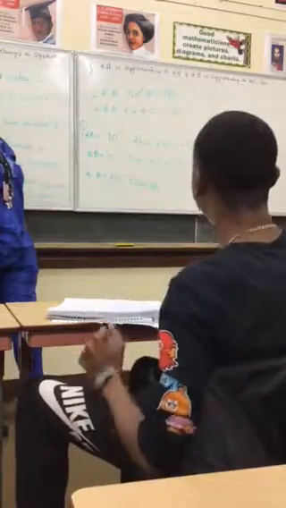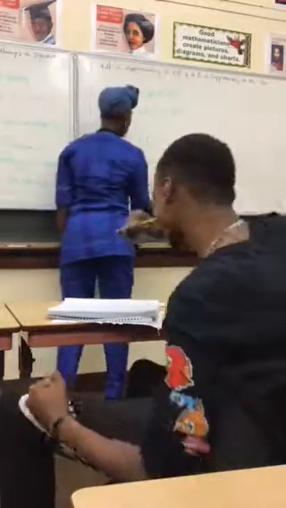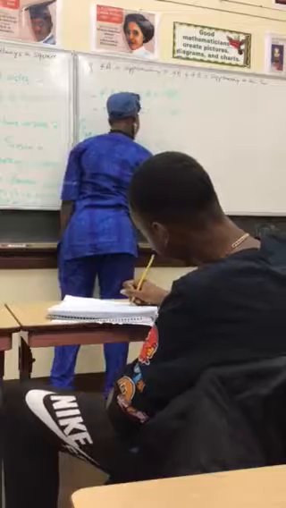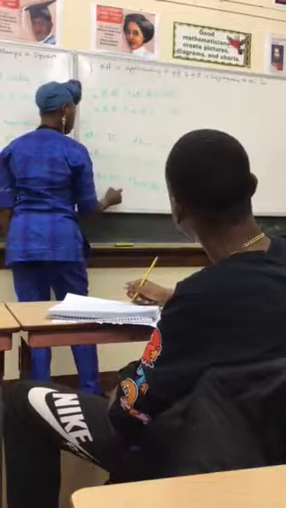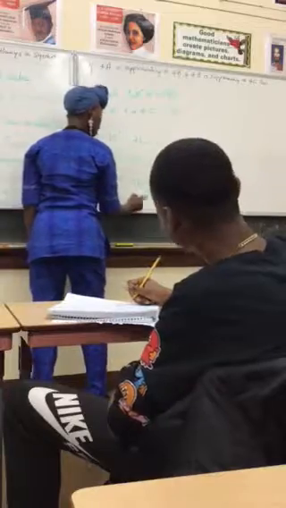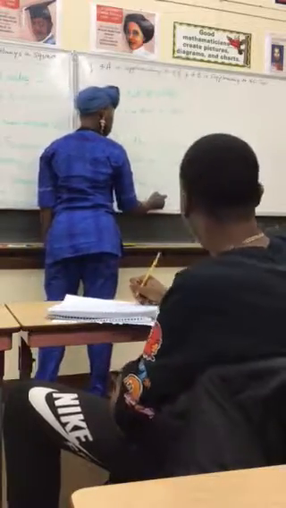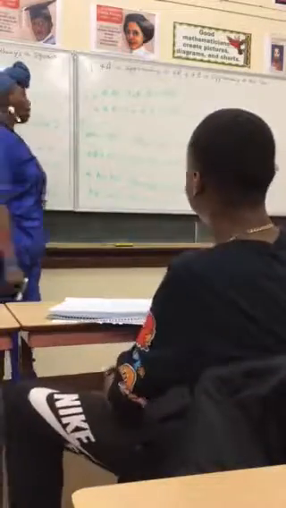Yes, Nathaniel? Is it 140? It is 140. And if angle B is equal to 140, then what will angle C be? Yes, Nathaniel? 40. 40 degrees.